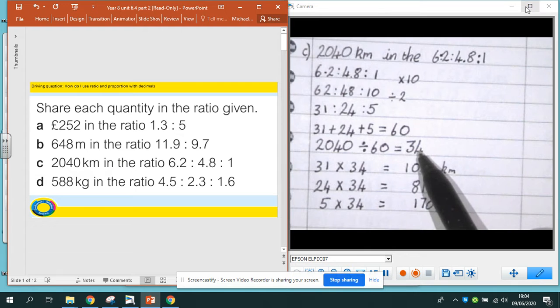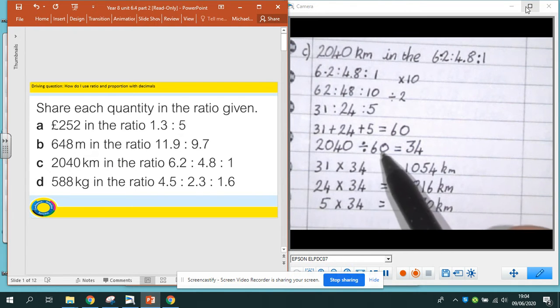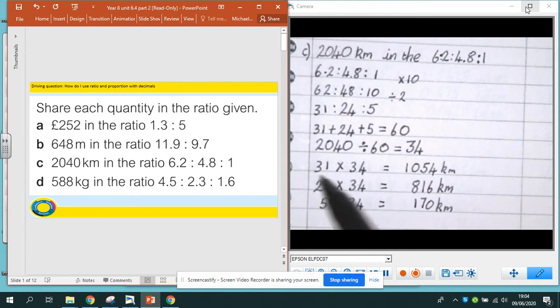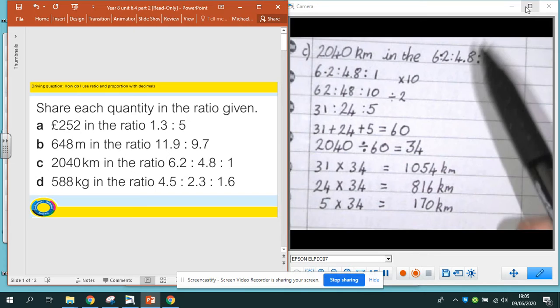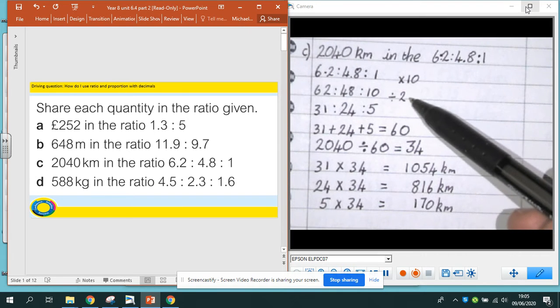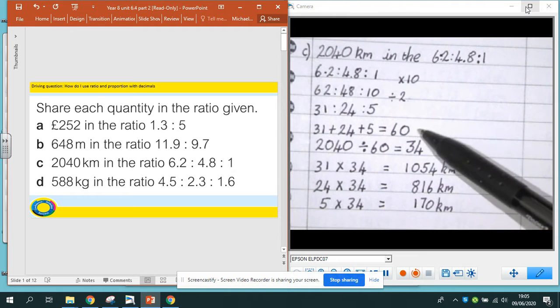That divides 2040 divided by 60 gives me 34, then 31 times 34, 24 times 34, 5 times 34. Now, if you didn't simplify at this stage and you stayed with 62 to 48 to 10, you'd have got 120 here.